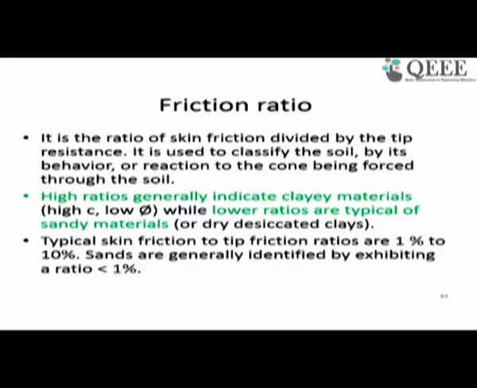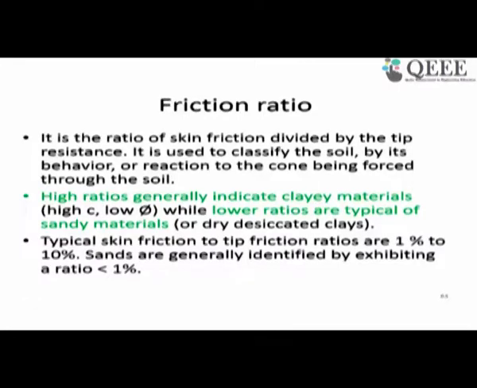A high ratio indicates clay material, that means low friction and high cohesion, while lower ratios are typical of sandy material. So typical skin friction to tip resistance ratios are 1% to 10%. Sands are generally identified by exhibiting a ratio of less than 1.